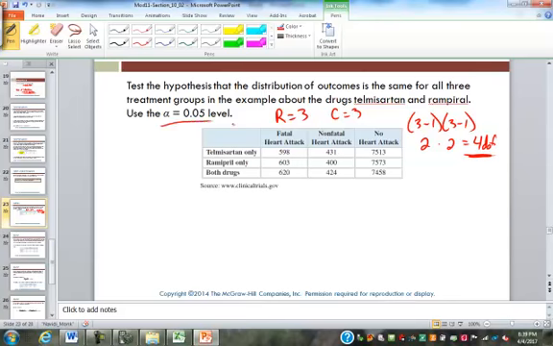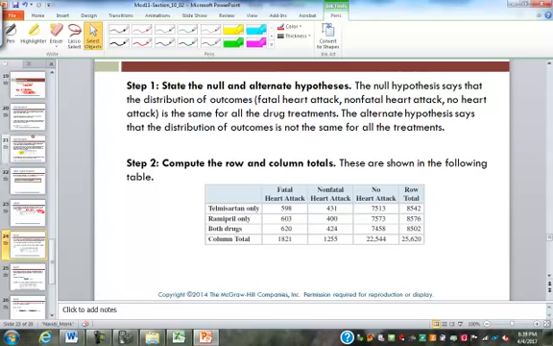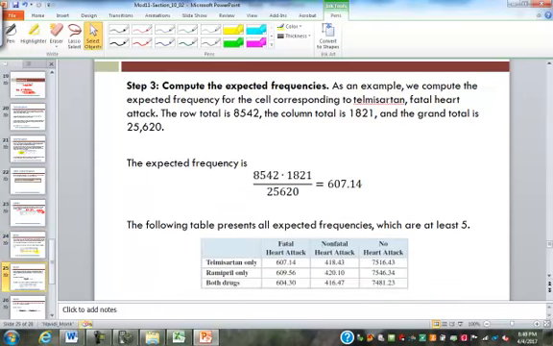Alpha 0.05 we're defining. So again, we have to do the row and the column totals, just like we did before. Column totals, row totals, grand total. Then the expected values are found by doing, as we did here, row total times column total divided by grand total.